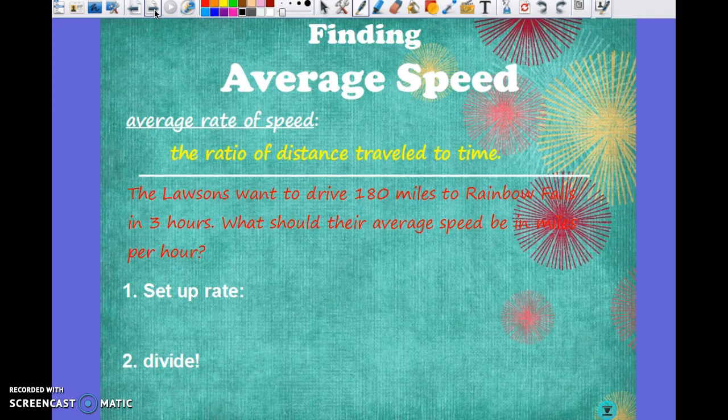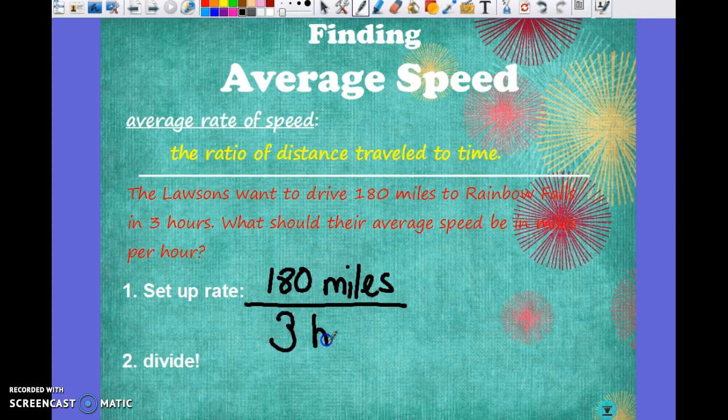So if the Lawsons wanted to drive 180 miles to Rainbow Falls in 3 hours, what should their average speed be in miles per hour? So 180 miles. We know that our miles go on top because we want to know how much they drive per 1 hour.